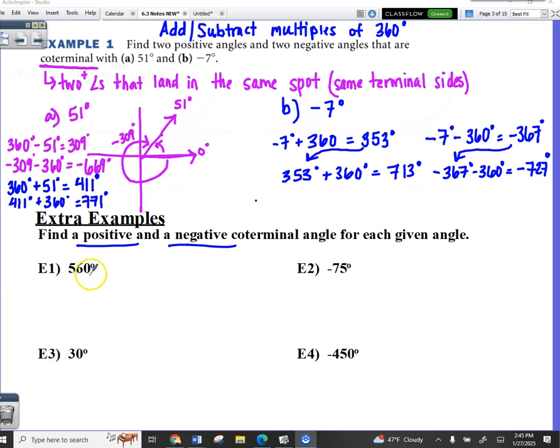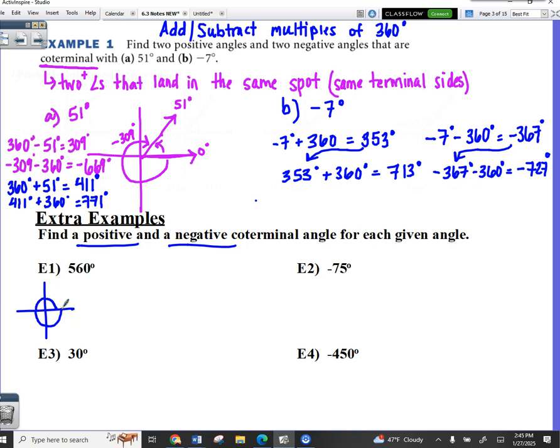So 560. 560 is already past a full rotation, right? So if you think about it, 560 means, first of all, it's positive, so go counterclockwise. So it's definitely 360, right? And then think to yourself, how far is 560 from 360?